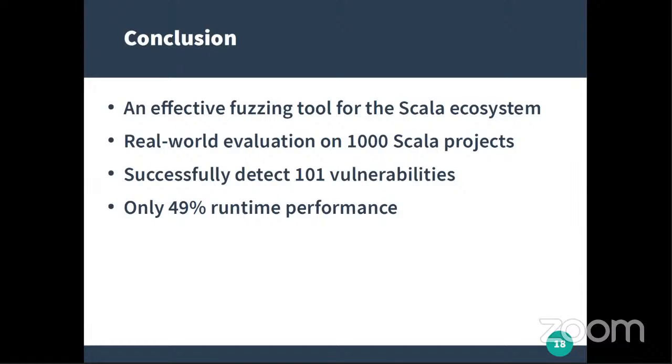We used the Z3 SMT solver in our Concolic engine in order to gain the maximum code coverage. To demonstrate the usefulness of our approach, we collected 1,000 real-world Scala projects and performed our evaluation, and we finally could find 101 security issues.